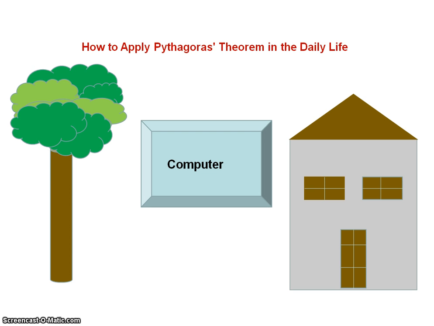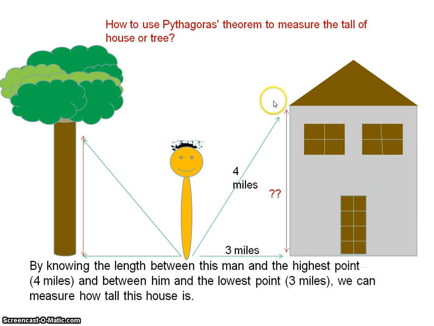And now, why do we study this theorem? Is it useful in our daily life? Well, let's see. As you see, there is a tree, a computer, and a house. Can we measure these lengths by using the Pythagorean theorem? Let's take an example. There is a man who wants to measure how tall this house is.